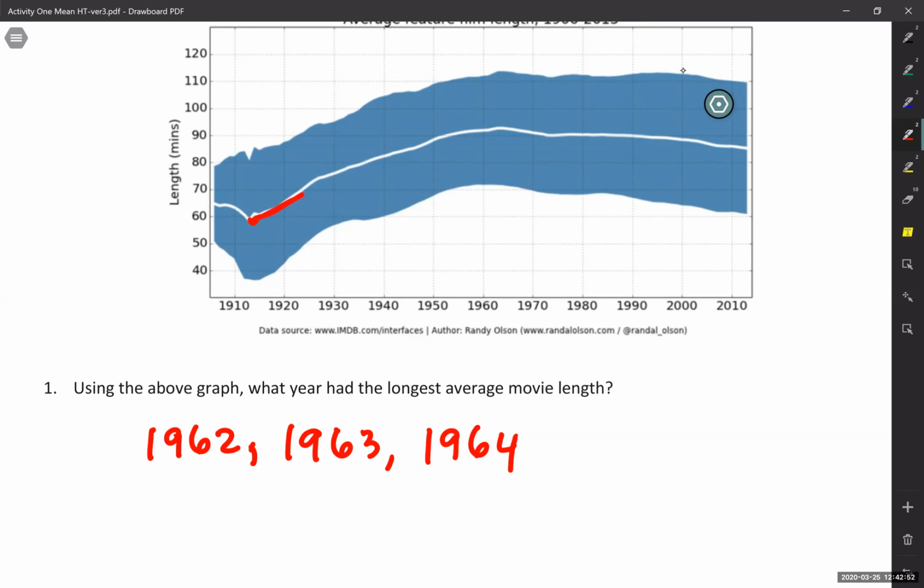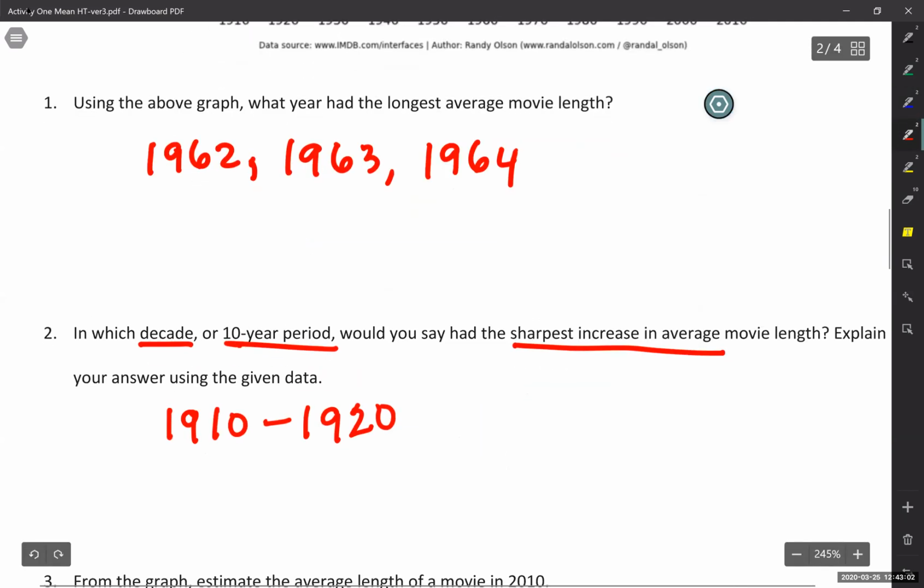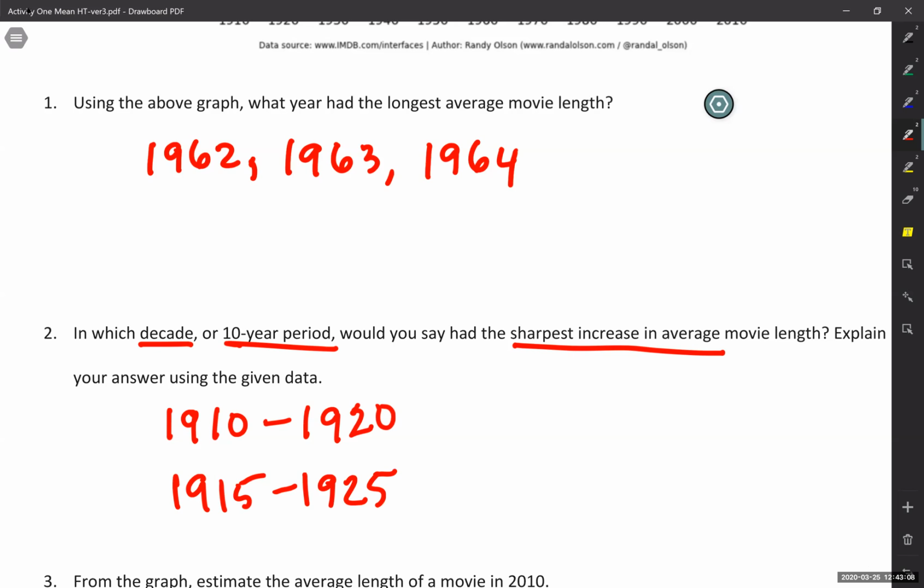Or maybe you said, over here, maybe that was the sharpest. So you could have said maybe 1915 to 1925. Whichever one you picked, just explain why you chose that, because you're going to have different reasons depending on which answer you picked.